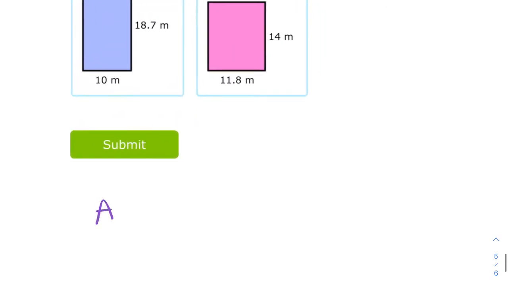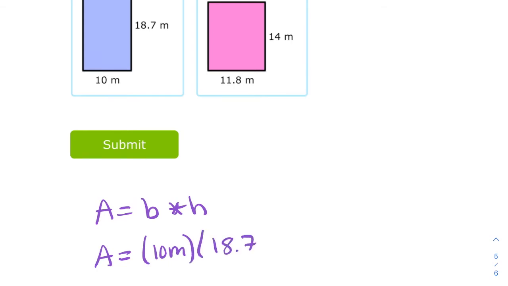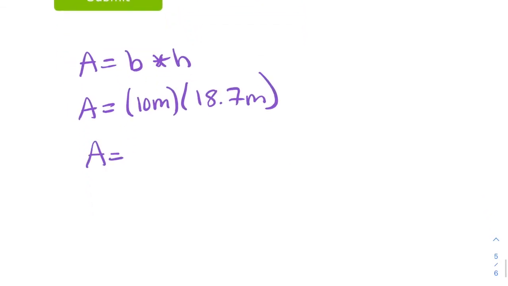So this one, area equals base times height. So area equals base, which is 10 meters, times 18.7 meters. 18.7 times 10 is 187.